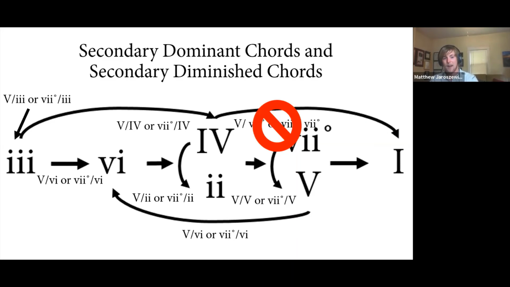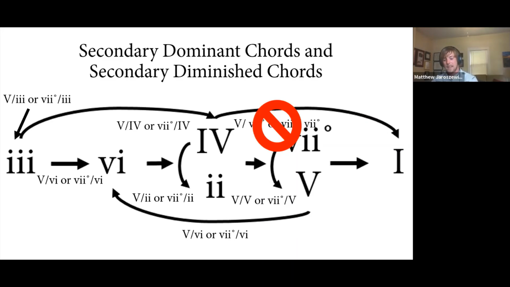So this time we can have 1, 3, 5 of 6. Our E minor becomes E major, going to 6.